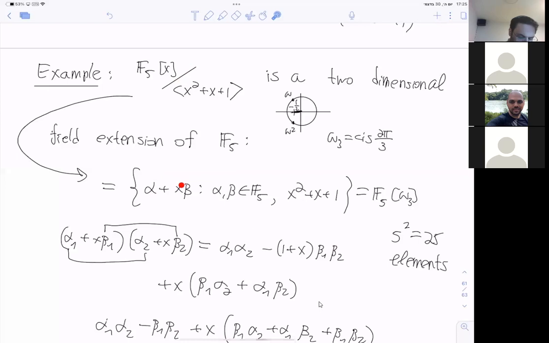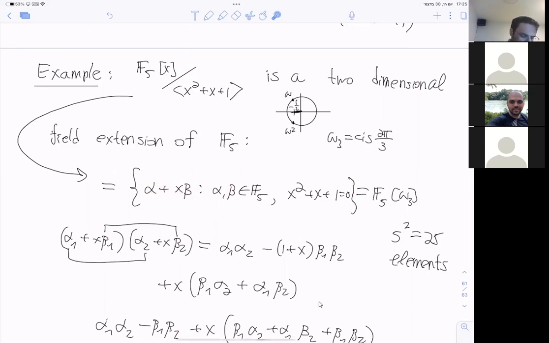This x satisfies the polynomial, which equals 0, of course. Once we have this condition, any element looks like this.